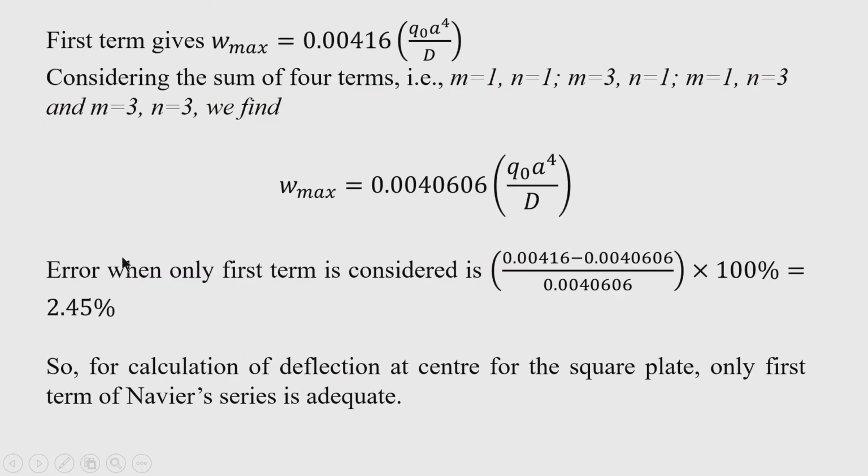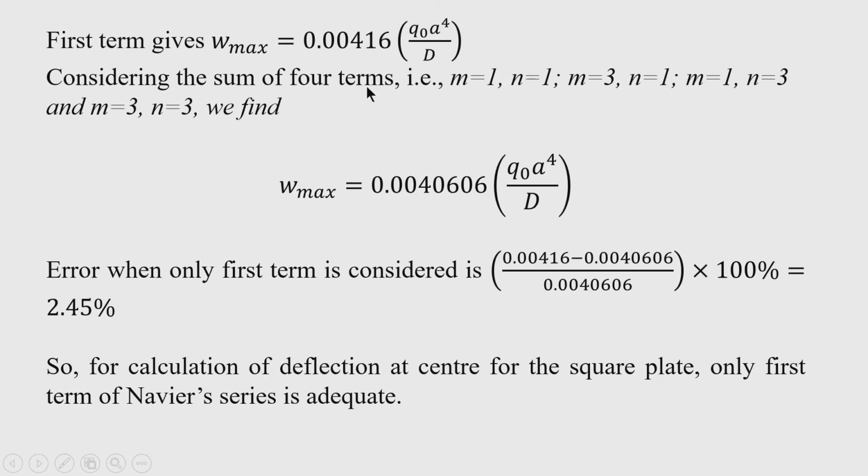Okay. So, we have seen that considering only the first term we get the deflection as 0.00416 times q naught a to the power 4 divided by D, and other terms are there.